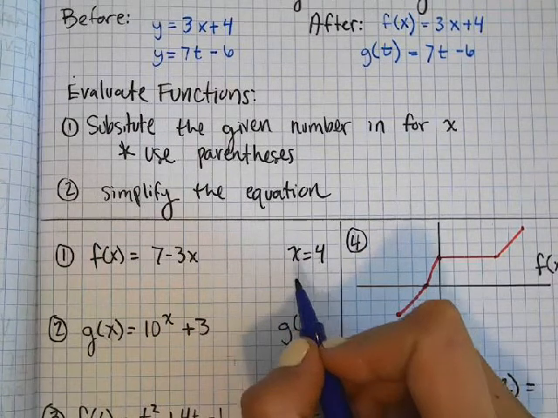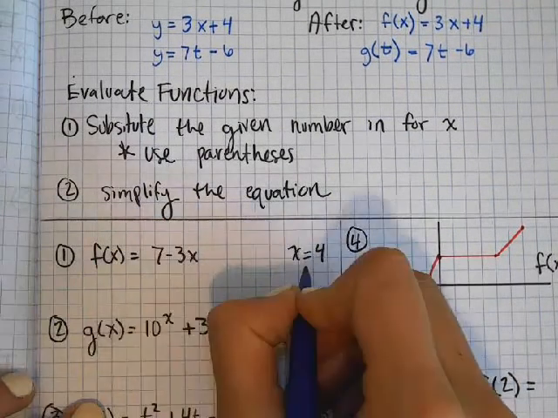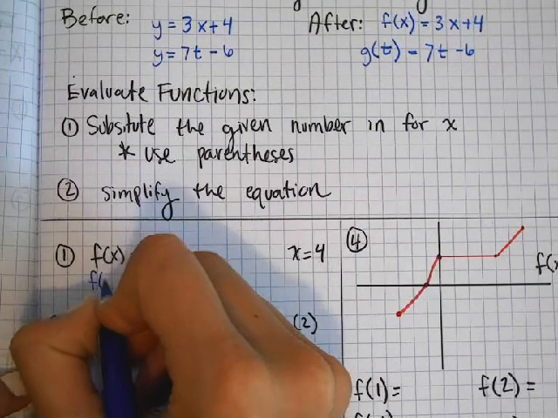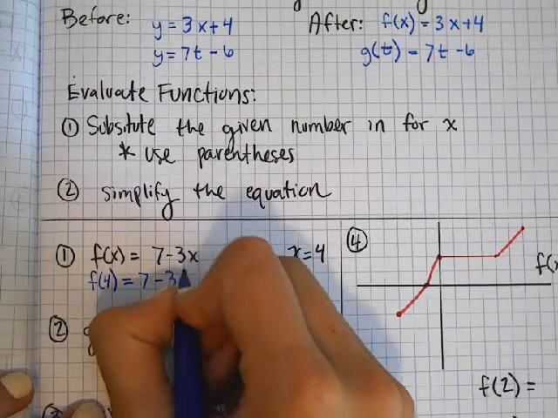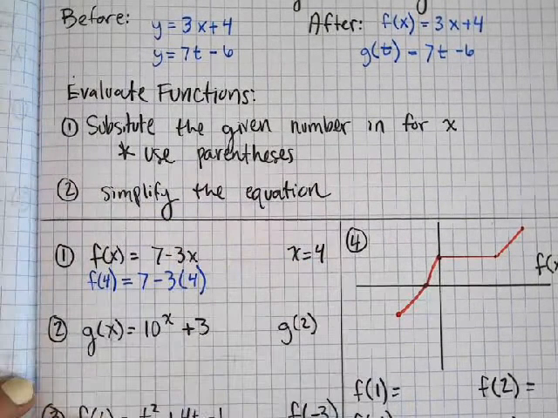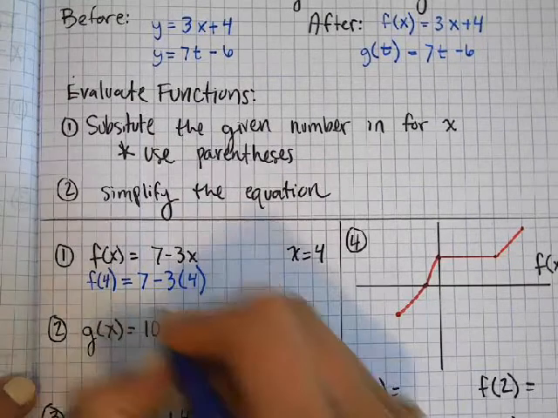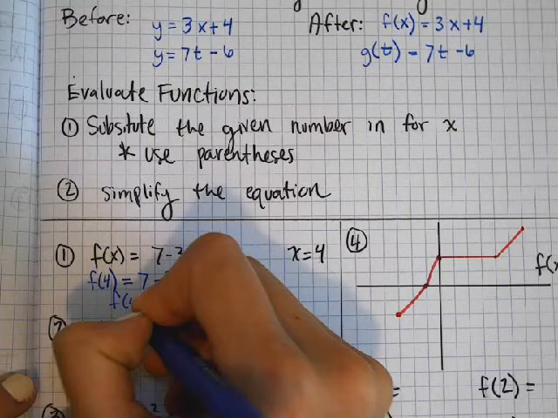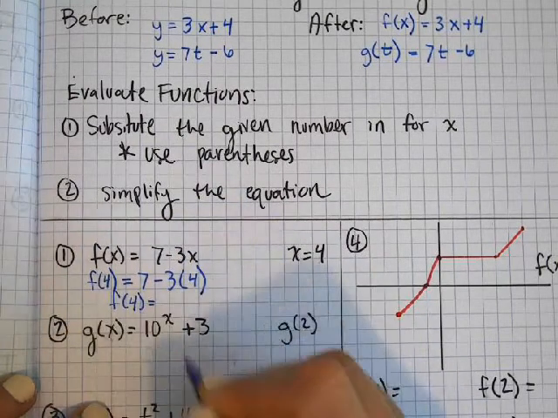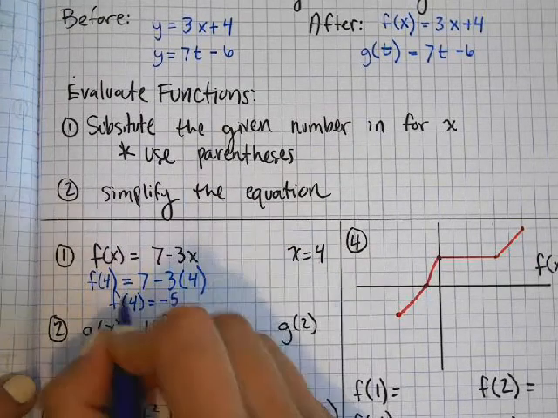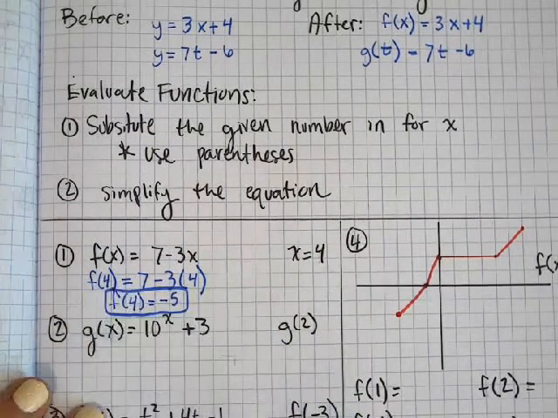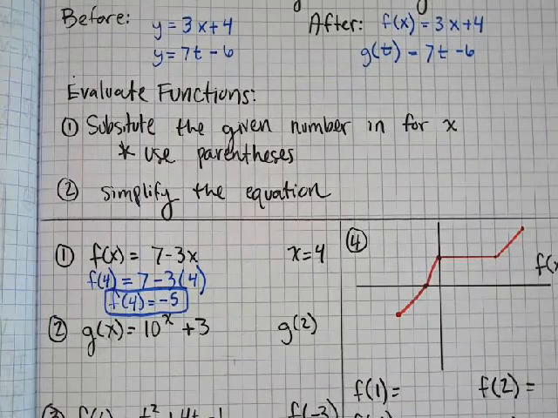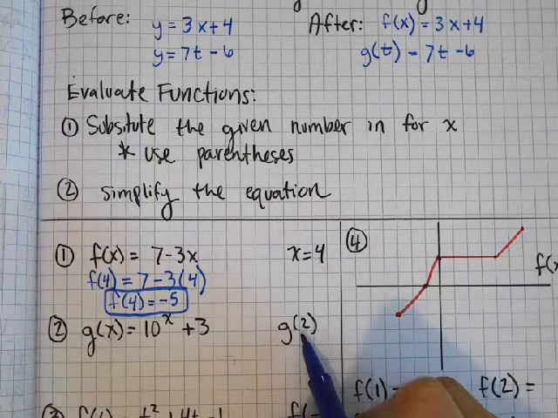So all we have to do is simplify. Anywhere I see an x, I'm going to put a 4. So f of 4 equals 7 minus 3 times 4. When I evaluate that, f of 4 equals negative 5. Now the second one, we're going to do the same thing.